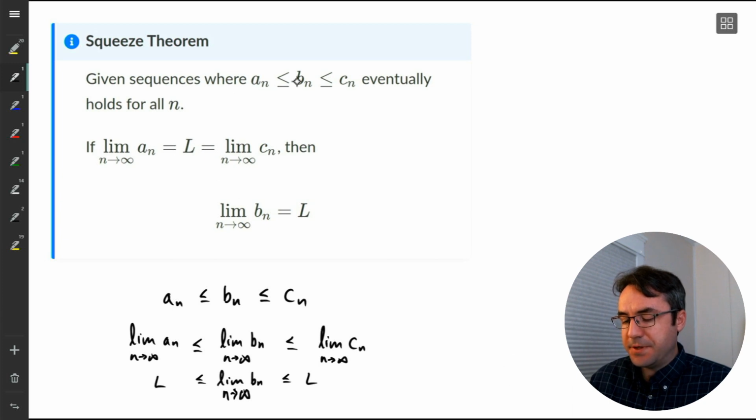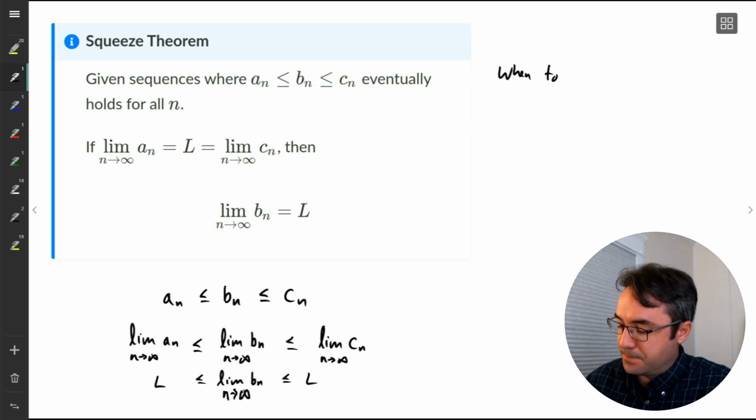Now, why would we use this? Generally, we use this if we get stuck trying to find the limit of that sequence in the middle, and it's kind of a tricky sequence to look at. So when to use this? This might be worth writing down.